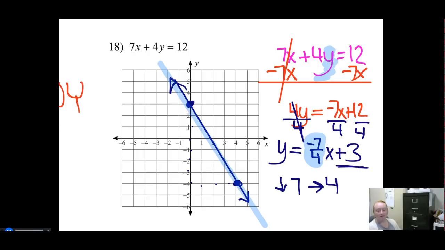Then I'll divide by 4, and even though it's easier to just make one line and to put the 4 on the bottom, I'm going to separate those fractions from the start. I then simplify, and I do the 12 divided by 4 makes 3. Even though the -7 divided by 4 continues to be a fraction, it's okay. It just tells us how we move.